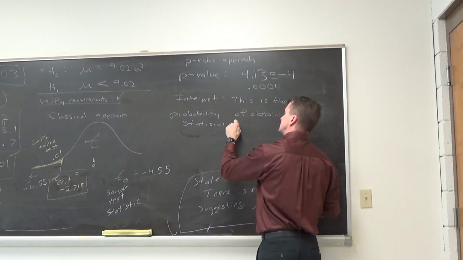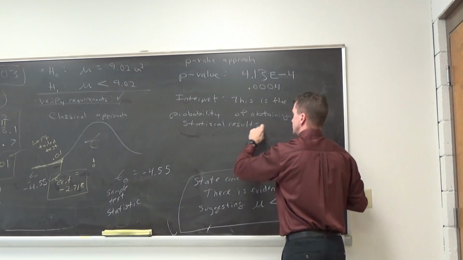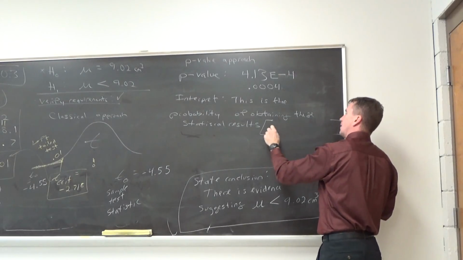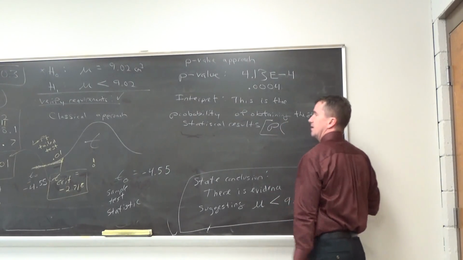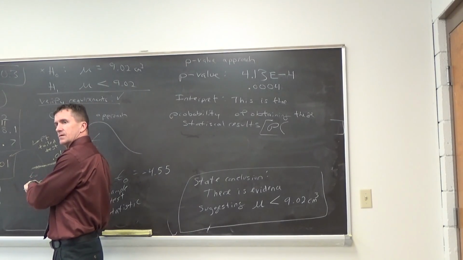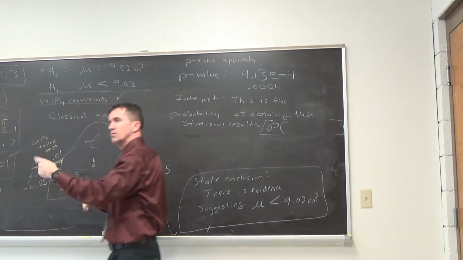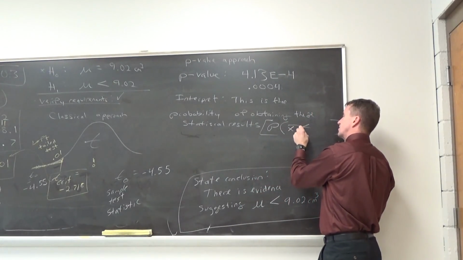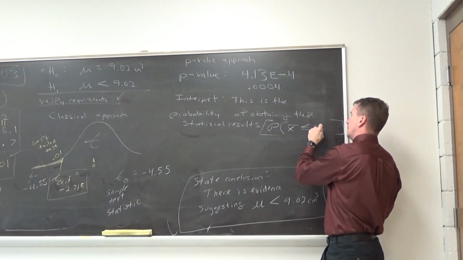You go, what do you mean by these statistical results? I'll put it in parentheses. We just found the probability that this x bar, was it greater than or less than? Look at the picture. It was that way, right? We're saying, what was the probability that x bar was less than or equal to that 8.1?